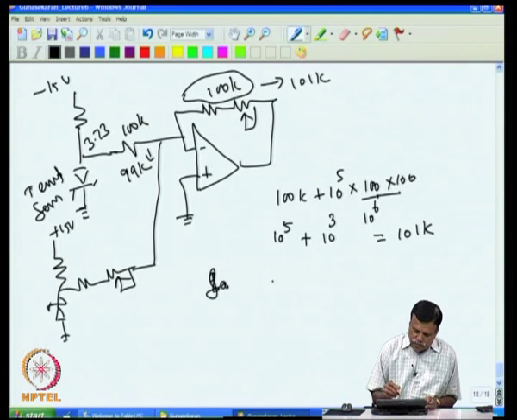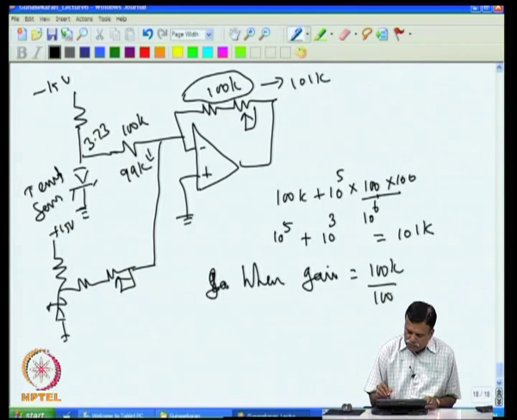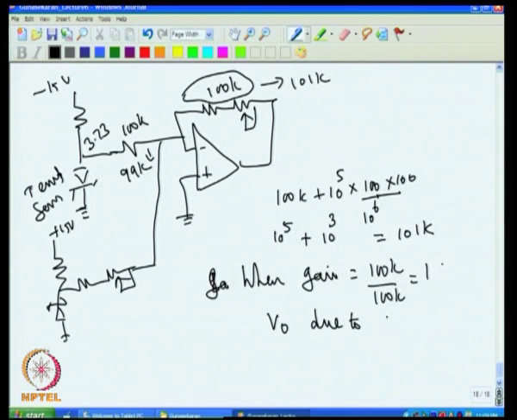So, we have to find out what is the change that comes when these two are 100K, and when they are 101K and 99K, what is the change that you expect. When the gain is 100K by 100K, because both are 100K, the gain is actually 1. The output contribution V out due to the sensor becomes 3.73, because the gain is 1.